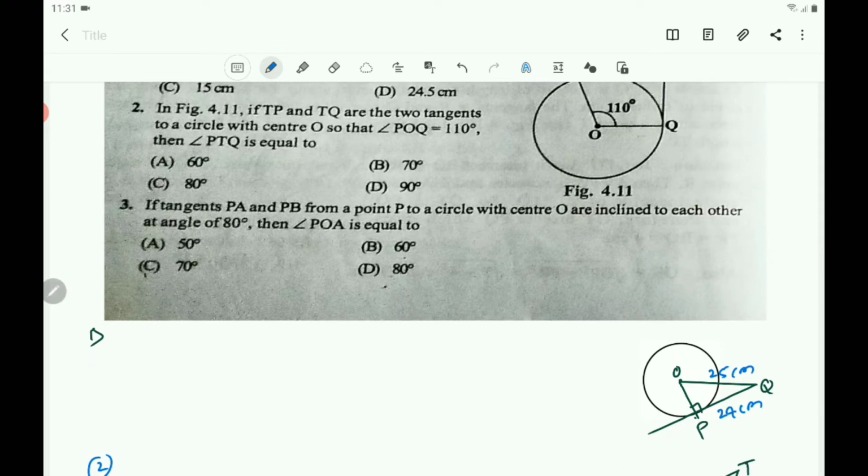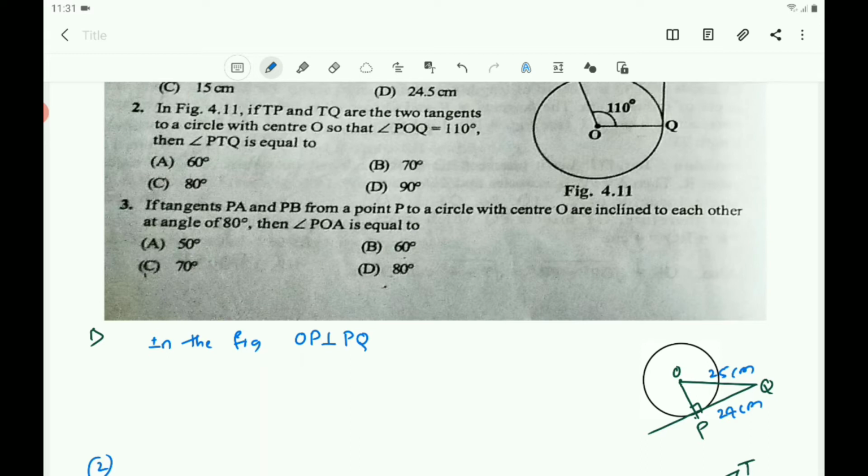And in the figure, we know that OP is perpendicular to PQ. OP is perpendicular to PQ because PQ is a tangent at P. OP is a radius at the point of contact P. Therefore, OP is perpendicular to PQ.